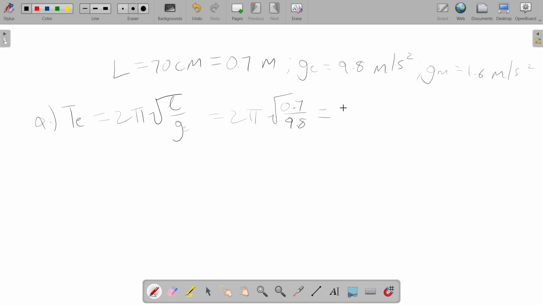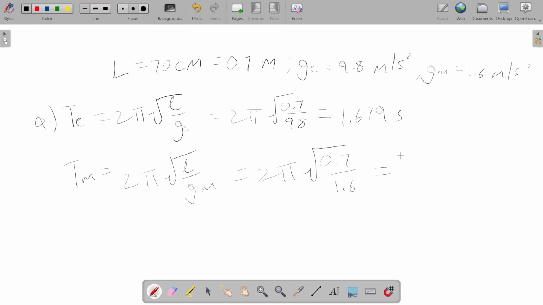So we get our period on Earth, right? And that's 1.679 seconds. And then the period on the Moon is going to be, with g_m similarly, 2 pi square root 0.7 over 1.6, right?